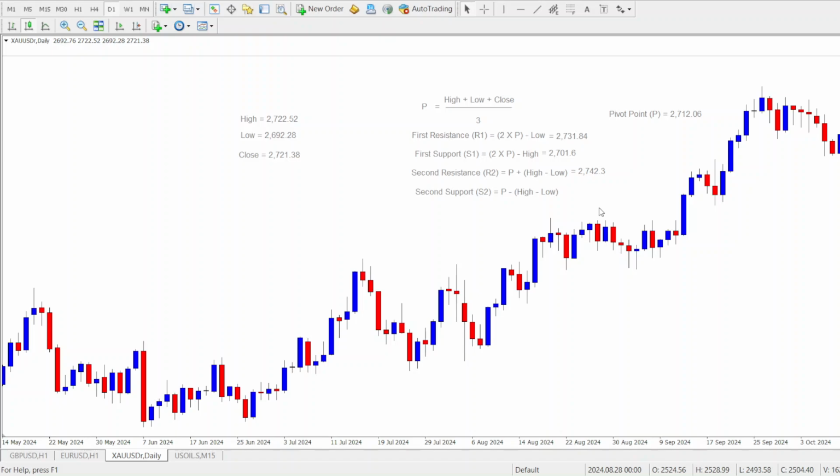Now as for our second support, we're just going to be having the pivot point minus the high minus the low. Our high is 2722.52 minus our low is 2692.28. Now we're going to subtract this figure, 30.24, from our pivot point.